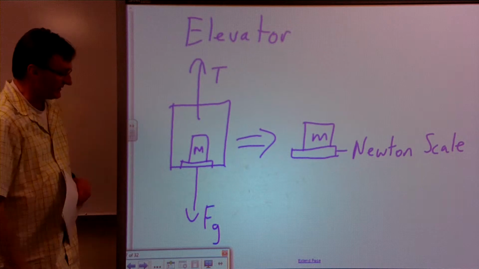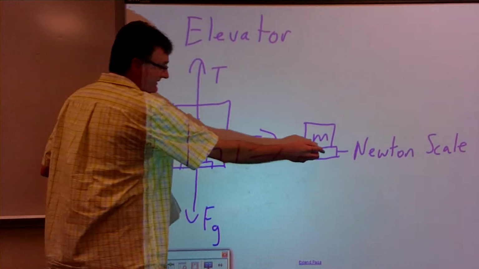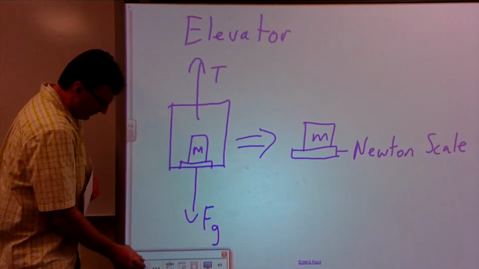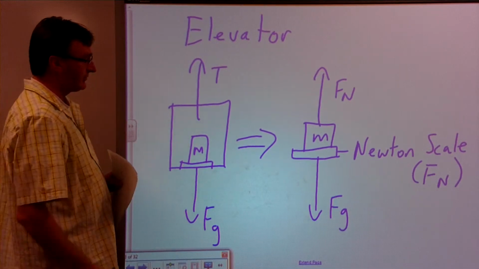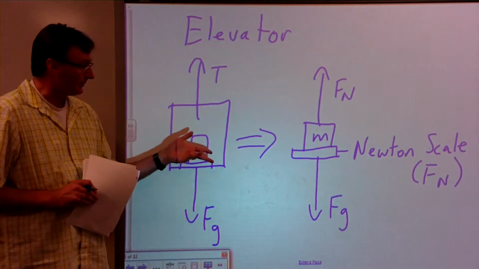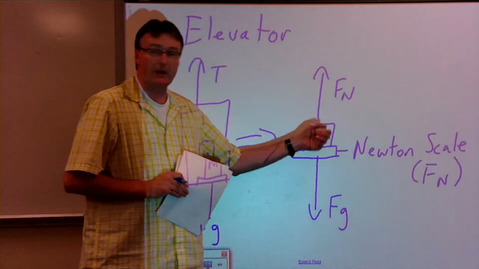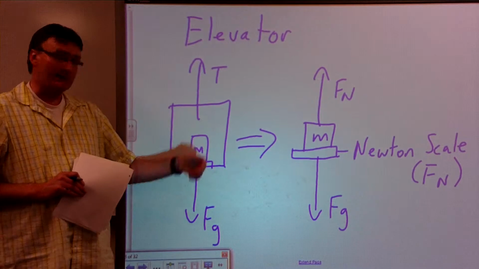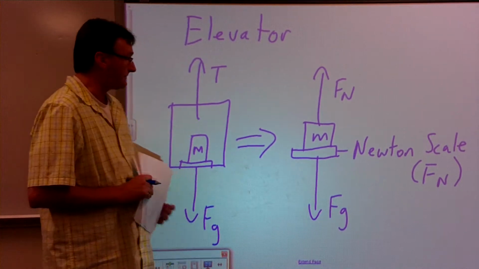Let's say somebody is standing in the elevator on a Newton scale, which actually measures their weight, not their mass, which is their mass times the acceleration due to gravity.